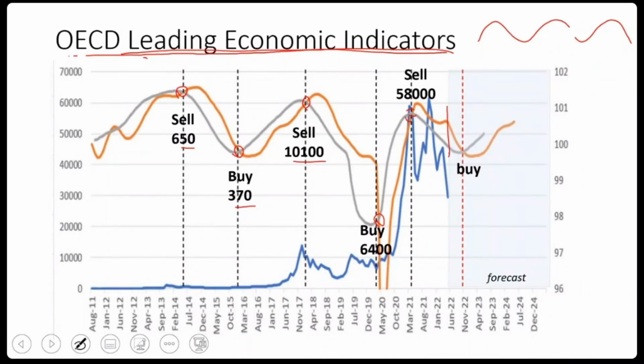Having stopped here, I had to make some prediction, so I used the OECD down cycle to superimpose it here, because this model doesn't tell you what's in the future.